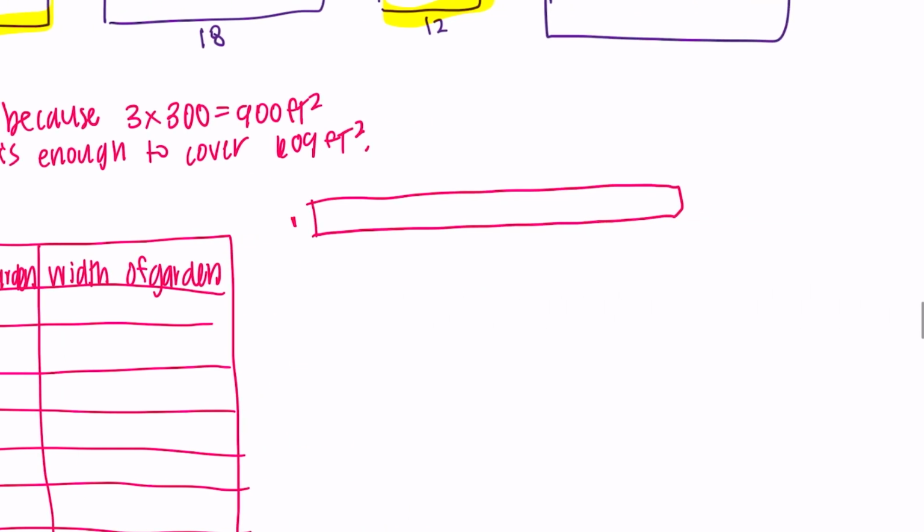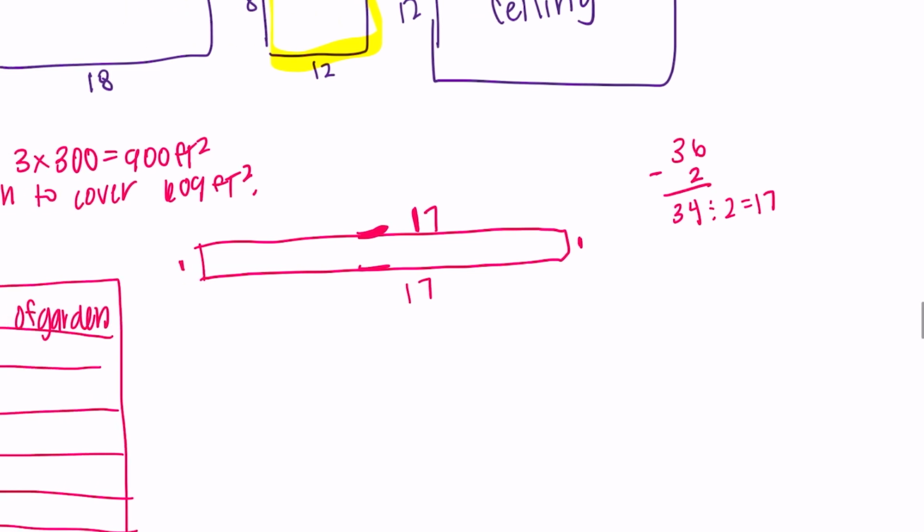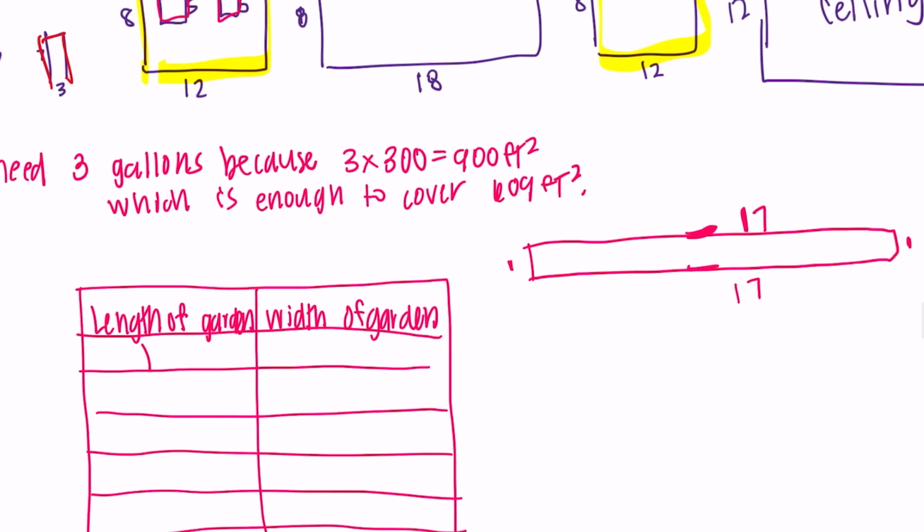If each of these were 1, we have 36 to use. If I take away 2, I'm left with 34, and that 34 I can split between these two sides. So 34 divided by 2 is 17. So each of these sides would be 17. So there's one possibility, a width of 1 and length of 17.